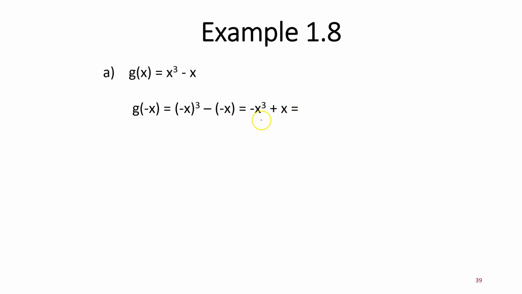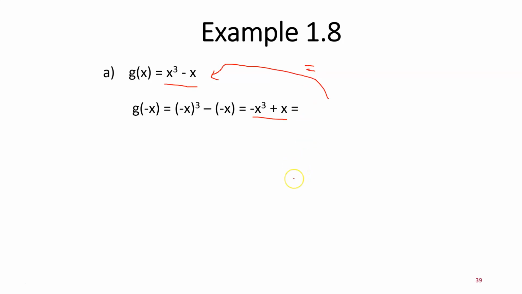This one and this one are actually quite the same when you take out the negative sign. So bila kita kumpulkan, kita keluarkan, we extract the negative sign. So this is actually equal to this.